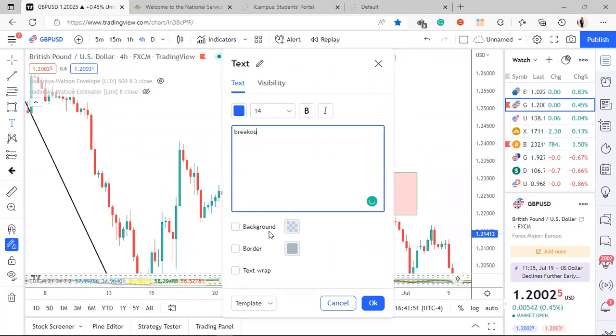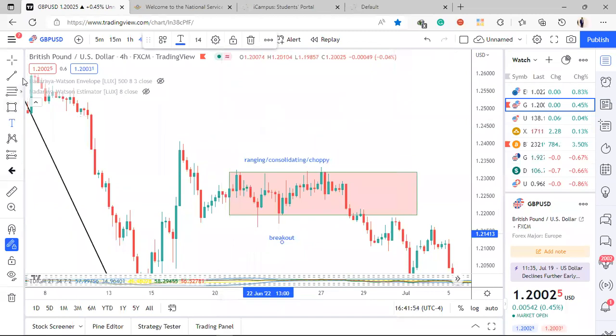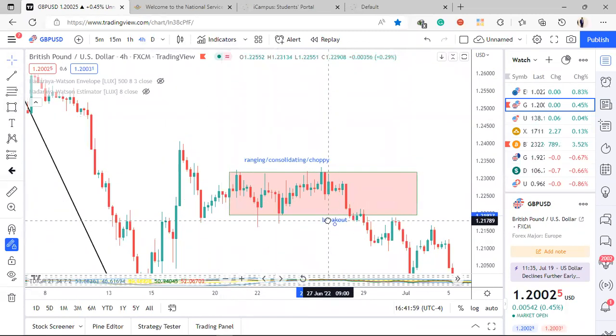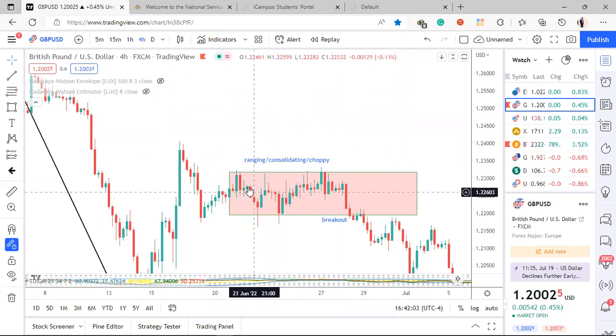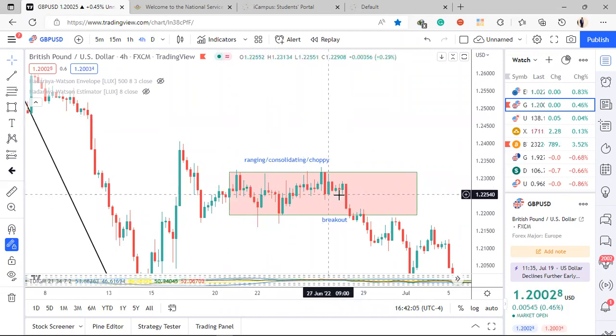There is an indecision between buyers and sellers. So you don't participate in the buys and the sells over here. You don't do that. Why?